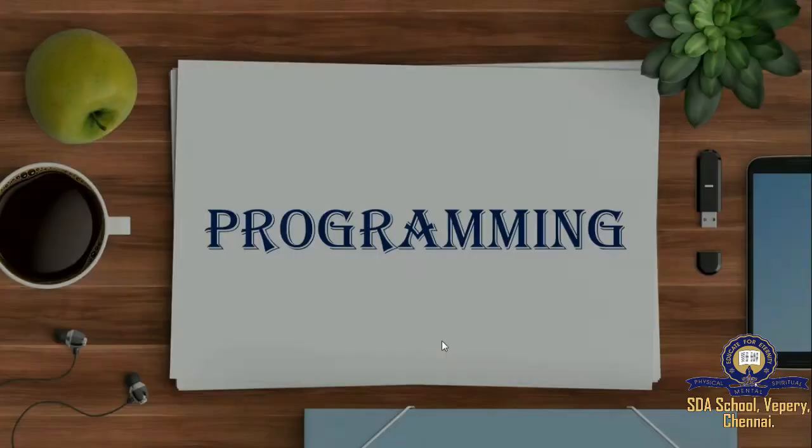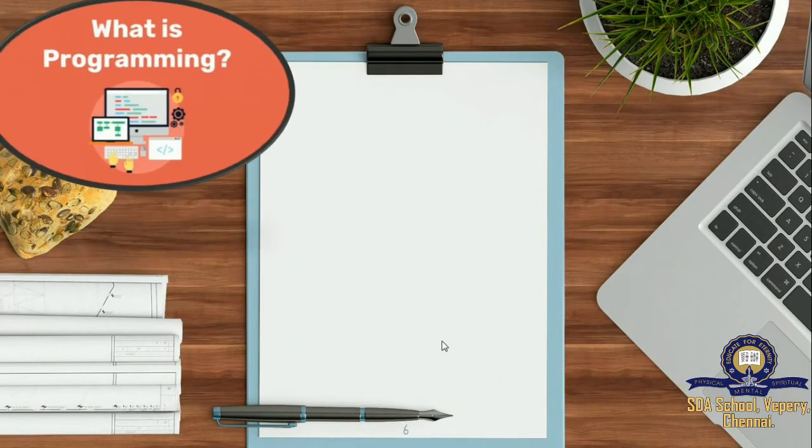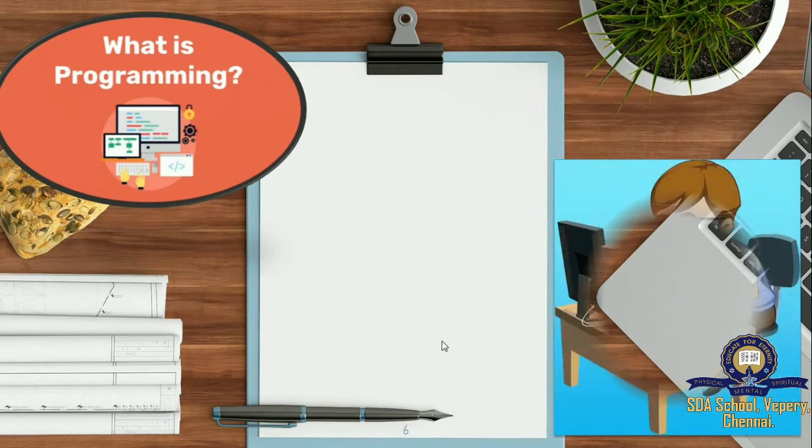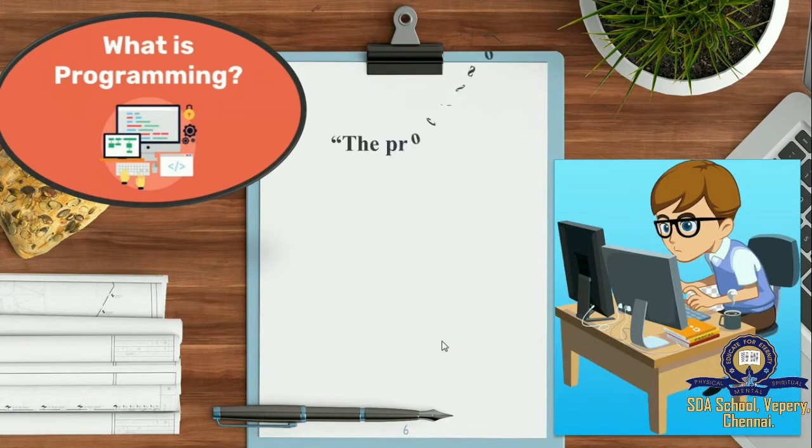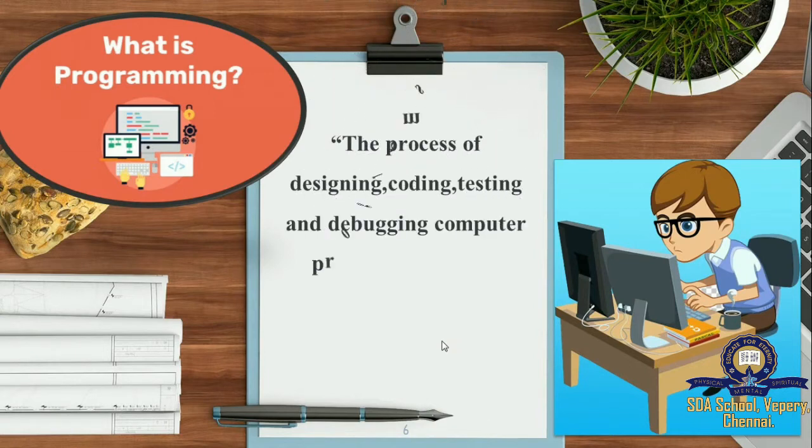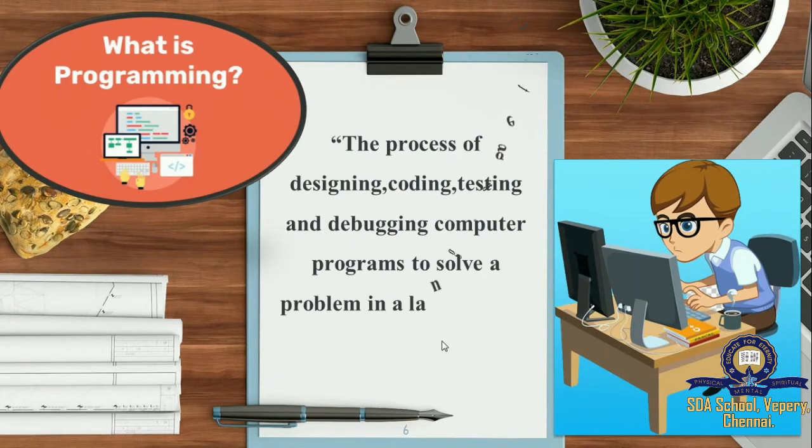Okay, are you ready? So here, what is programming? We have programming for designing, coding, testing, and debugging computer programs. So, the process of identifying the problem first, then you will design, code, test, and debugging will happen in this programming.